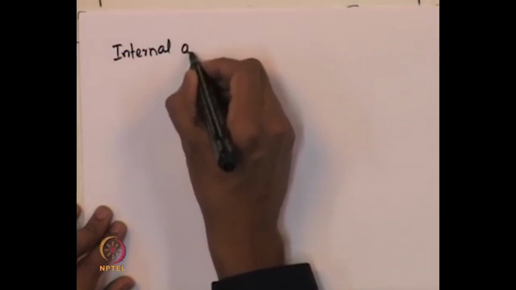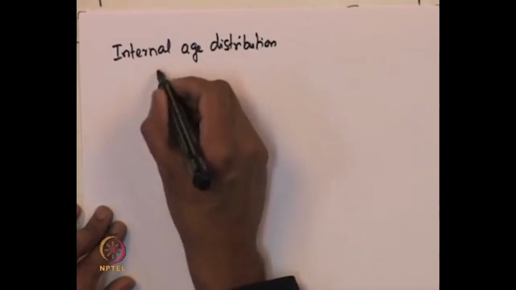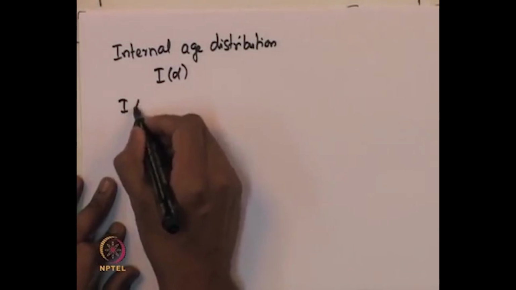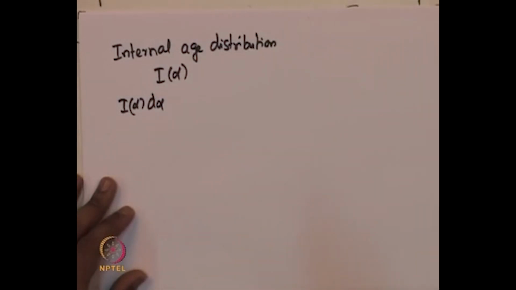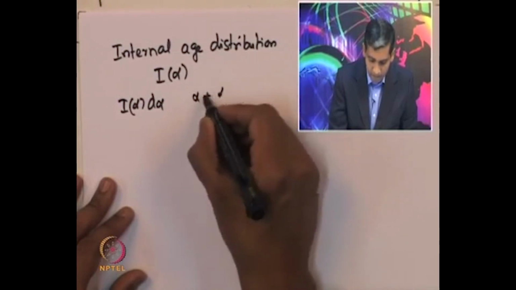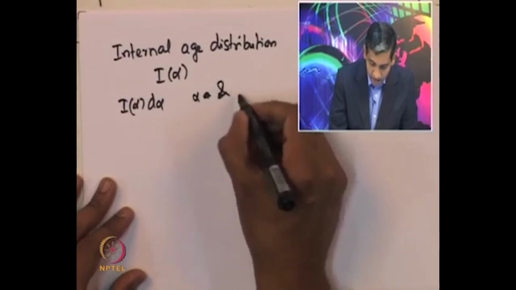Now, there is another definition that one needs to know, which is the internal age distribution. The symbol that is commonly used is I of alpha, where I of alpha d alpha represents the fraction of the material that is present inside the reactor with an age between alpha and alpha plus d alpha.